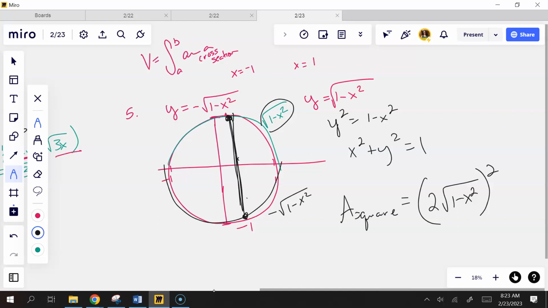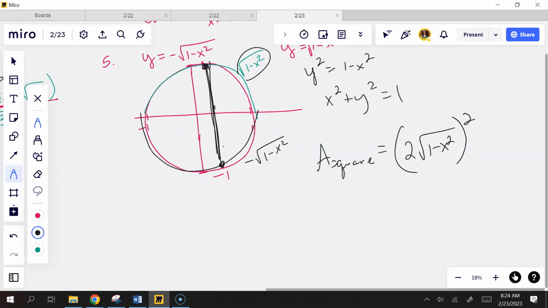I'm going to clean it up just a little bit because I do have to evaluate a volume here, which means I'm going to have to do an integral. And so I'm going to want it in an easily evaluatable form. So I'm going to make this 4 times 1 minus x squared. I think that just might help me as I evaluate an integral.